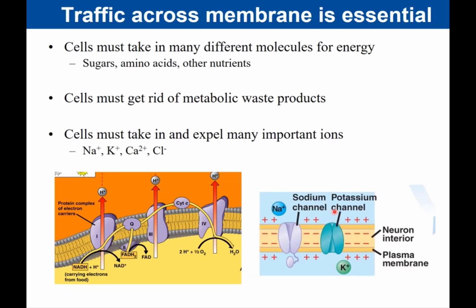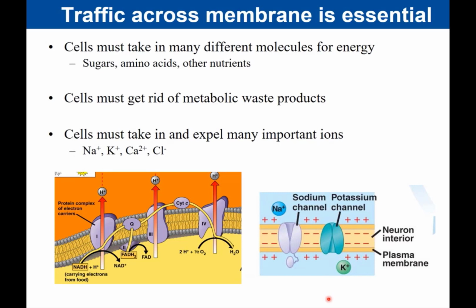Additionally, cells need to be able to take in and expel many important ions. Sodium and potassium, for example. So if you look at this image here are these sodium and potassium channels. And neurons, which are the nervous system cells that communicate with one another, the way that neurons fire is simply through a change in the distribution of ions.